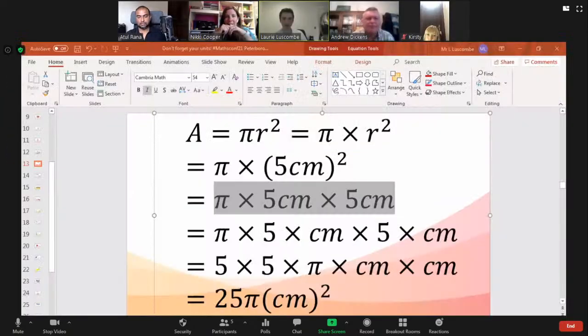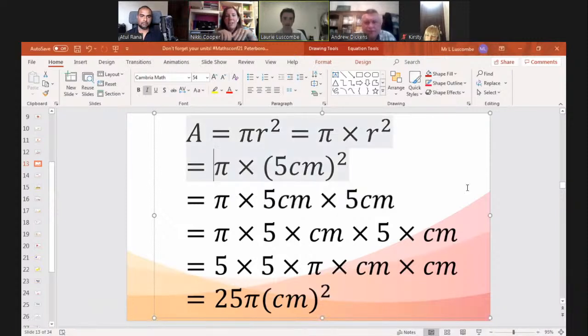And just the other bit I picked up was on the second line, where you've got 5 centimetres in brackets squared. Put it back on. One moment. Yep. So on the second line, you've got 5 centimetres in brackets squared, and I'm just going to ignore the pi for the moment.